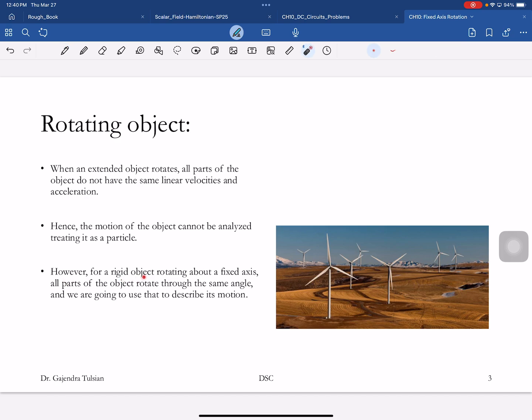So we will look at rigid objects rotating about a fixed axis. Let me show this to you here. So here's a rigid object. Again, this is a bicycle wheel. Here's a rigid object, and there's the axis of rotation. So this is what we'll consider. We won't consider this motion, that's too complicated. The axis was not fixed there.